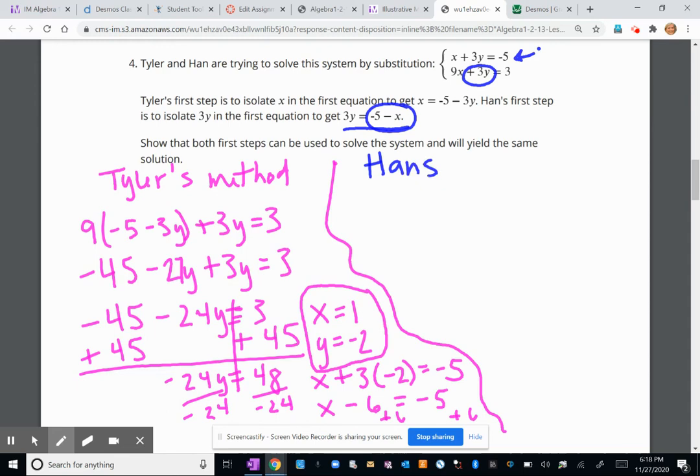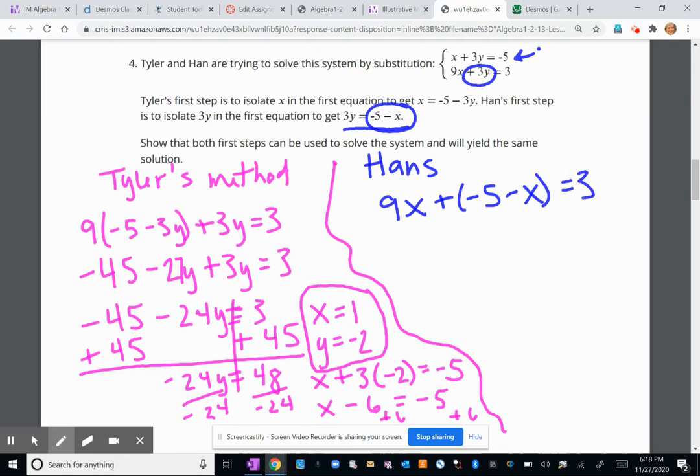So his first step looks like this. 9x, instead of plus 3y, it's plus negative 5 minus x equals 3.